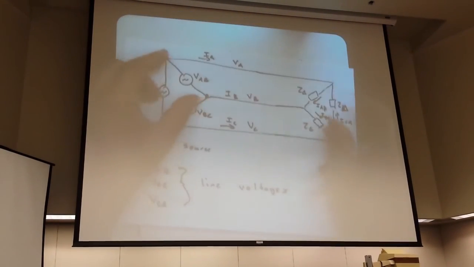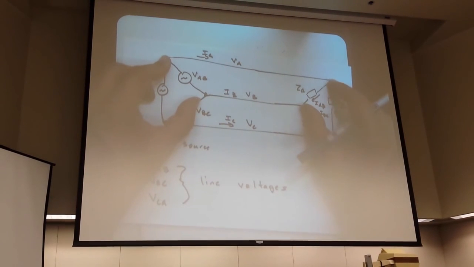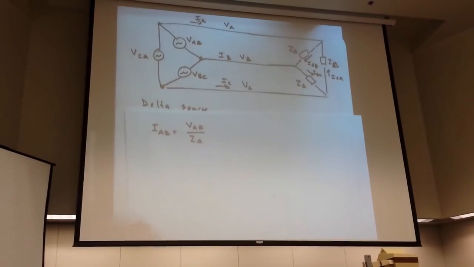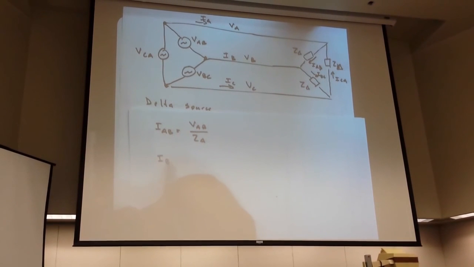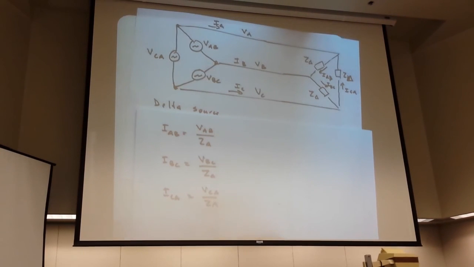If you consider these two in parallel and ignore the transmission line effect, then voltage VAB is directly across this branch here. And likewise, IBC is VBC over Z delta, and ICA is VCA over Z delta.